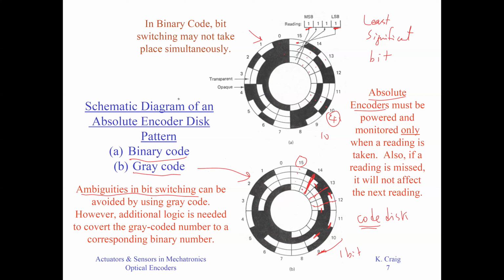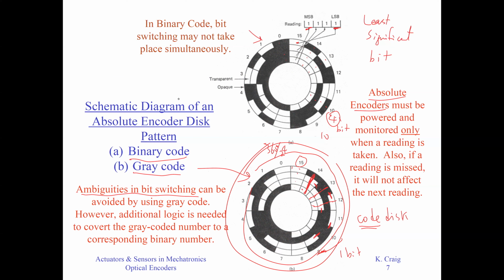Then you can divide the angle, 360 divided by 2 to the power of 4. So this is not a high resolution. If you need more, you need to add more tracks and different patterns.